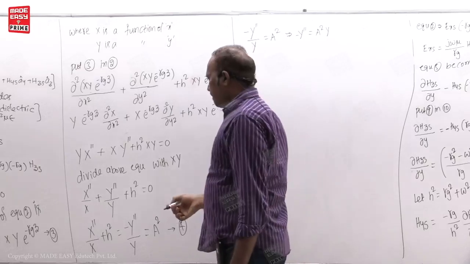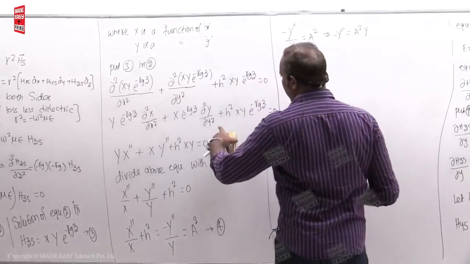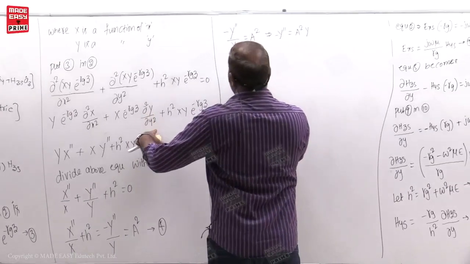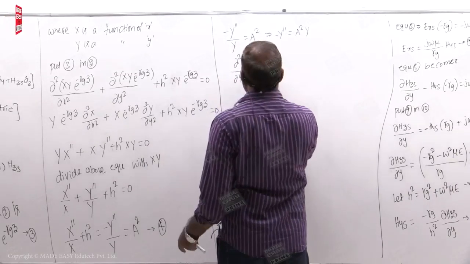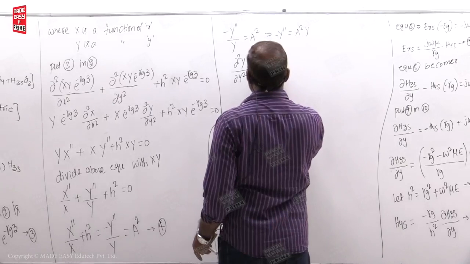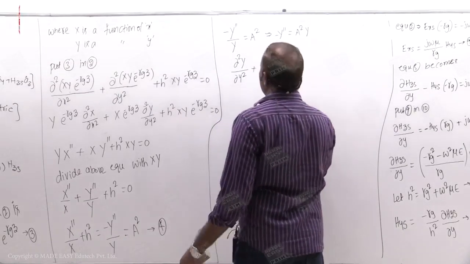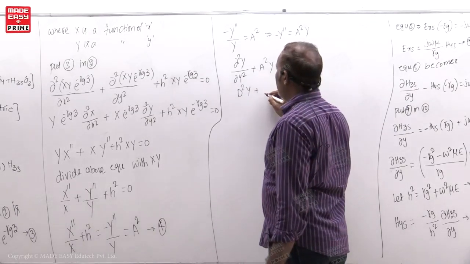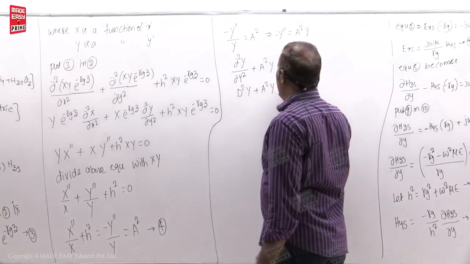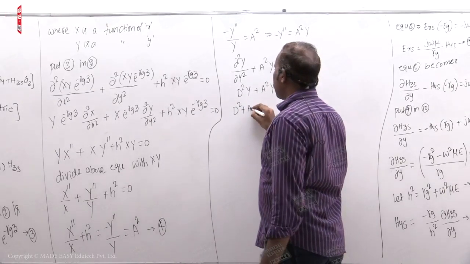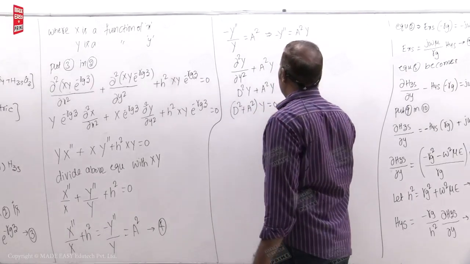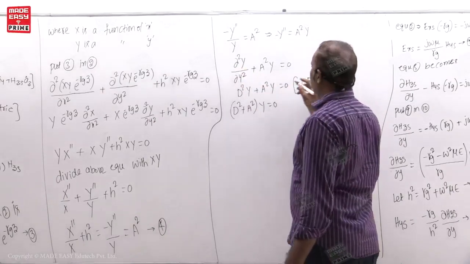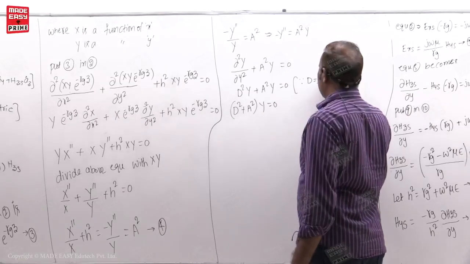Y double dash is the second derivative of capital Y with respect to small y, and if it goes this side, plus a square Y we get, is equal to 0. In differentiation terms it is written as D square Y plus a square Y is equal to 0. So (D square plus a square) into Y is equal to 0, where D is equal to d by dy. This is differentiation terminology.